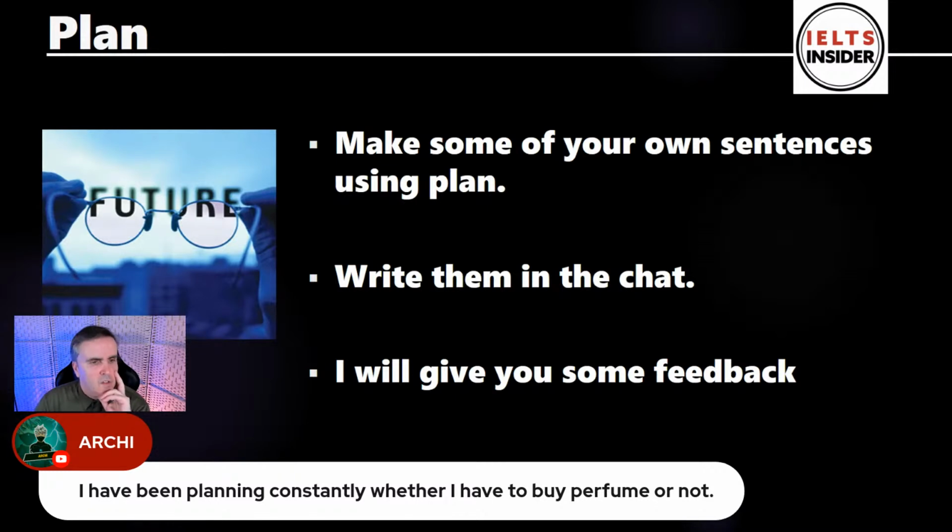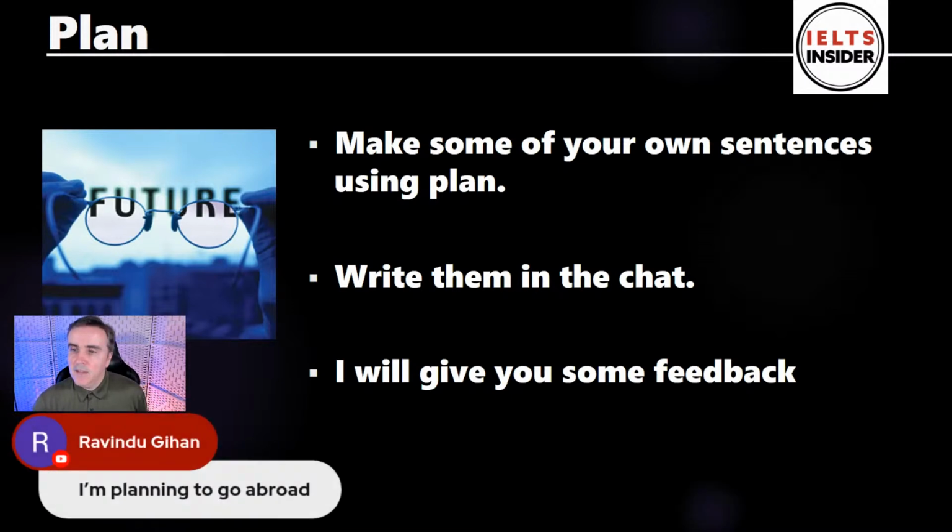So sorry, present perfect continuous. So this is not talking about the future. This is more referring to the past up until now. Present perfect continuous. I have been planning. So that's a slightly different use of that, Archie. You're not talking about the future there. You're talking about the past.